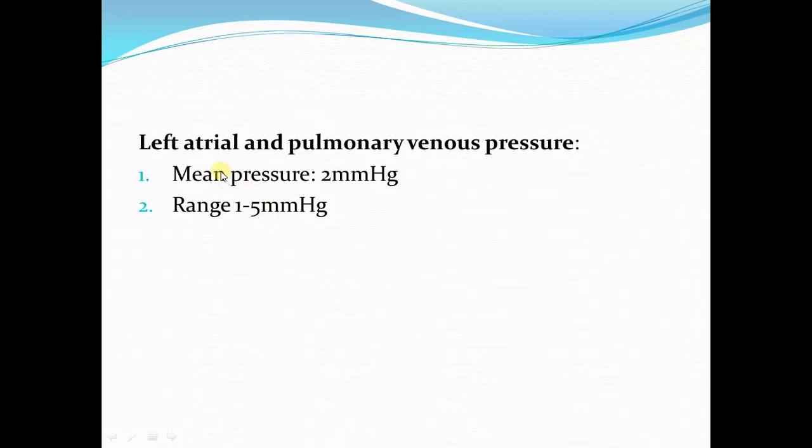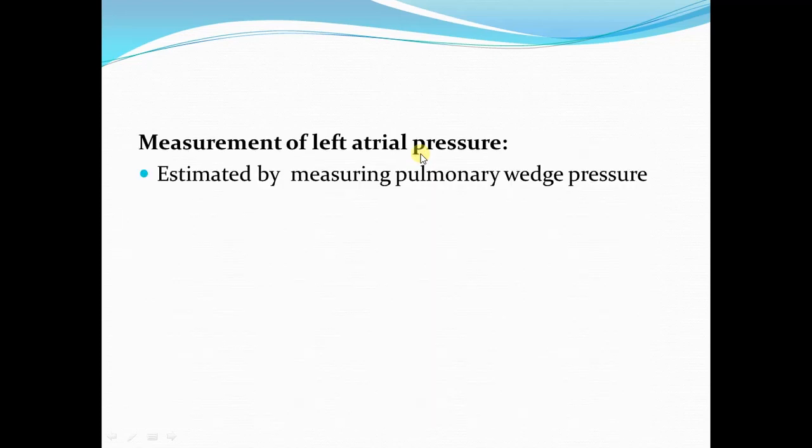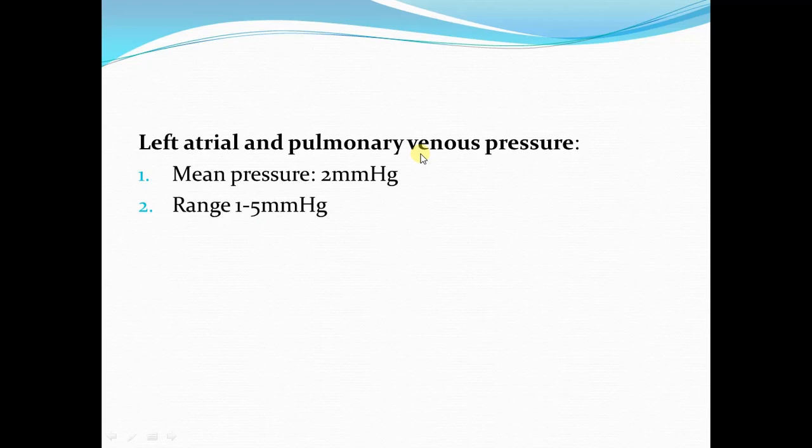Now we are going to talk about the left atrial pressure and the pulmonary venous pressure. The mean pressure in the pulmonary venous system and in the left atrium is 2 millimeter of mercury.